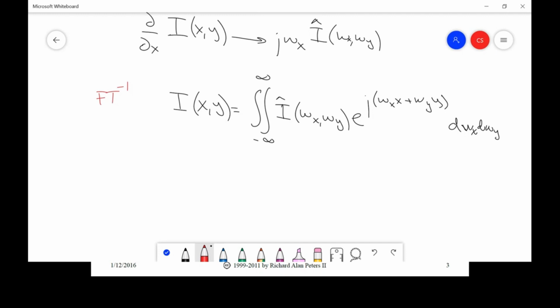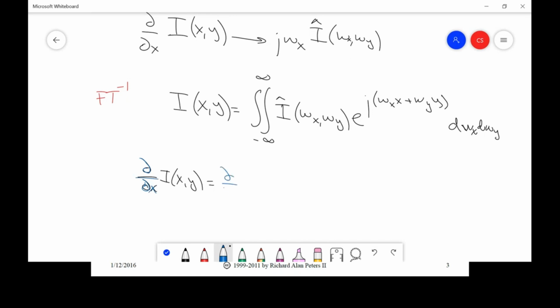Now let us calculate the derivative of this. I want to compute the derivative with respect to x of this thing. Let me write the derivative in blue.